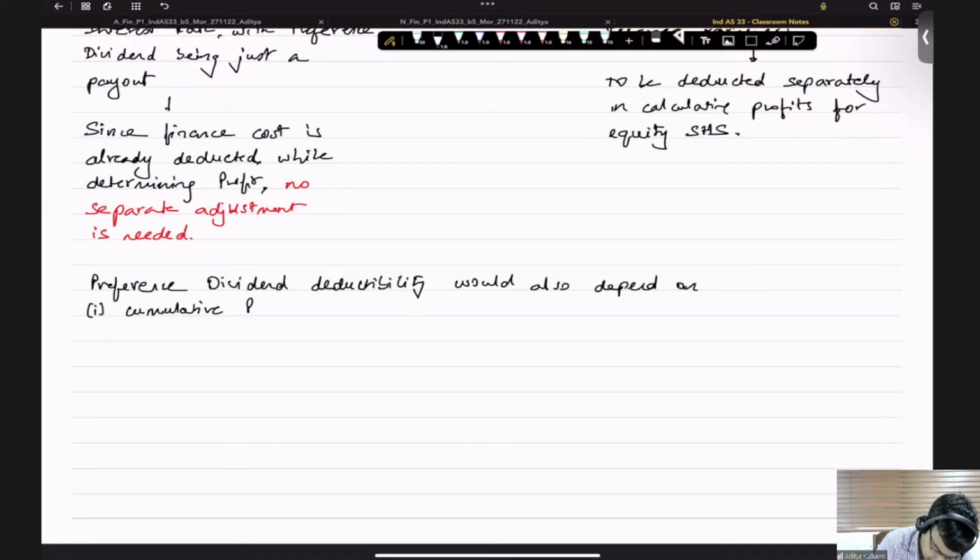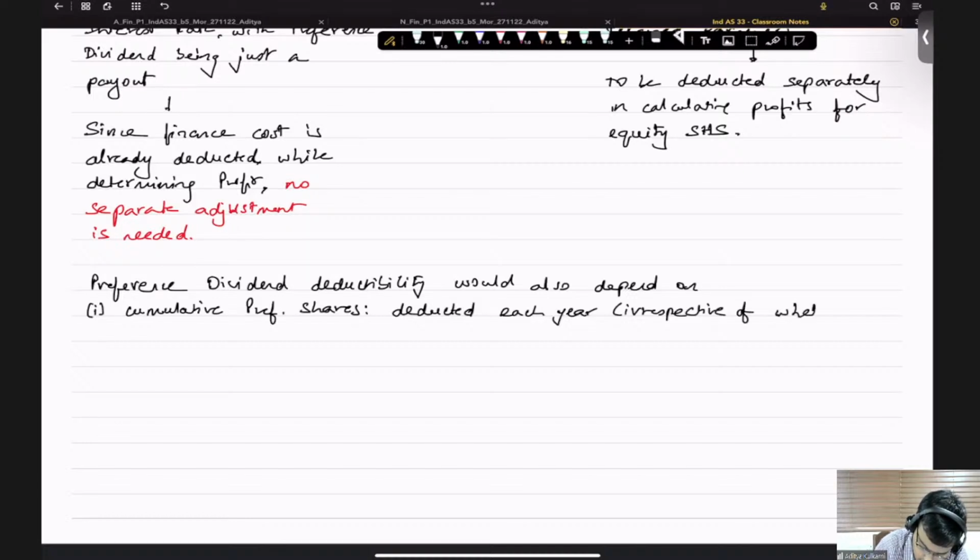Cumulative preference shares are deducted each year irrespective of whether declared or not, because it gets accumulated.